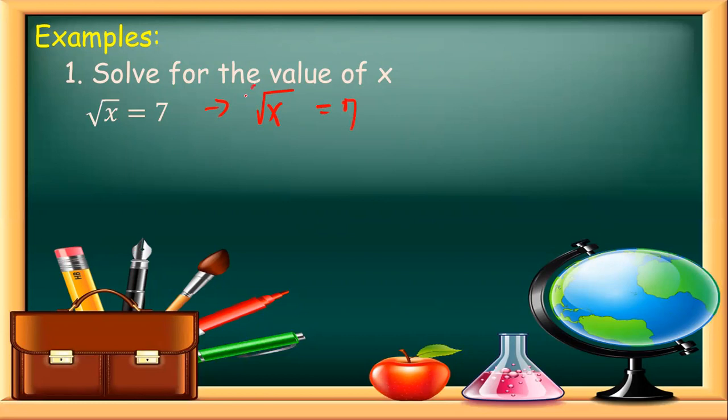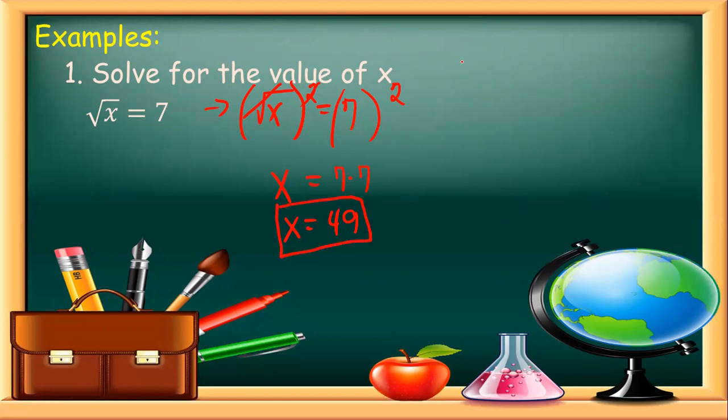Our index here is 2, so raise both sides to the exponent 2. Dividing the exponent by the index gives 1, so our answer here is x. Now 7 squared is 7 times 7, that is 49. So the answer here is 49.